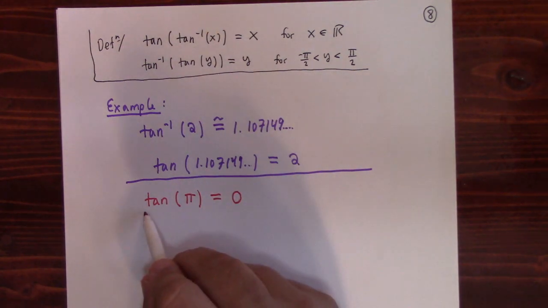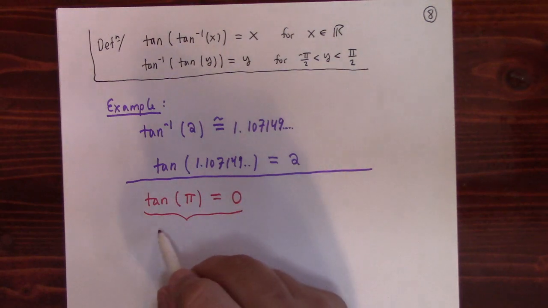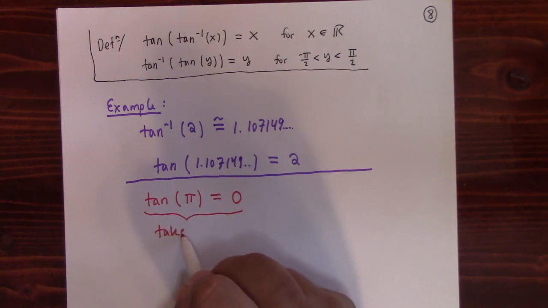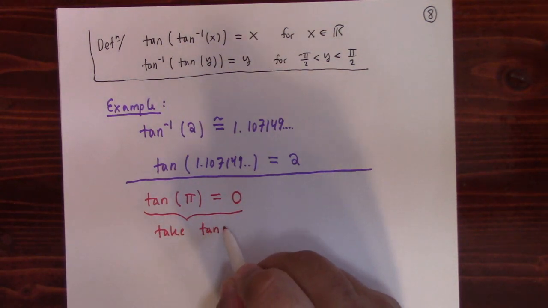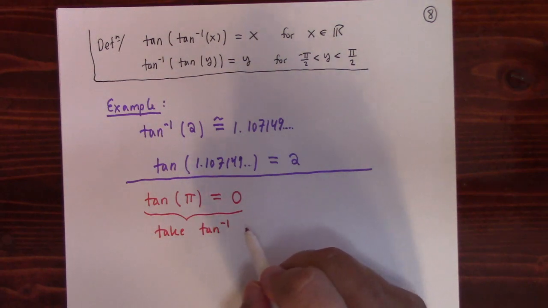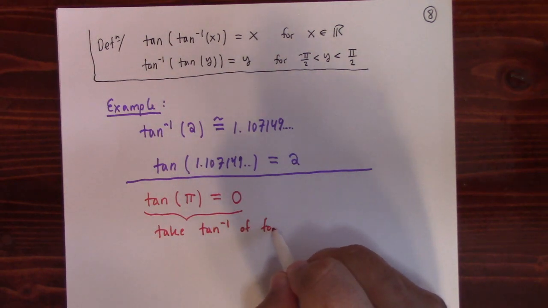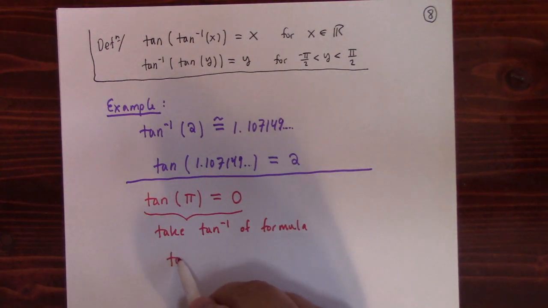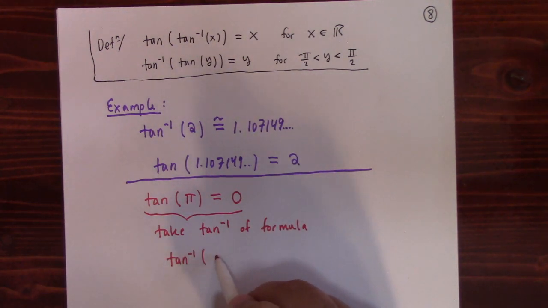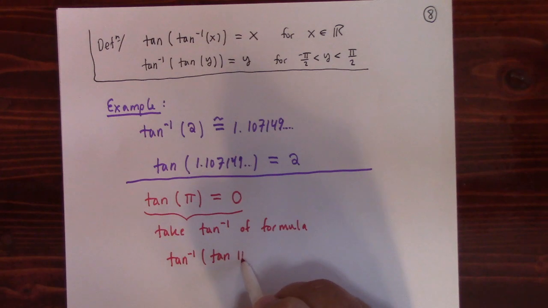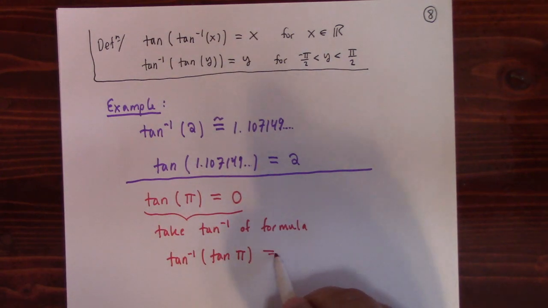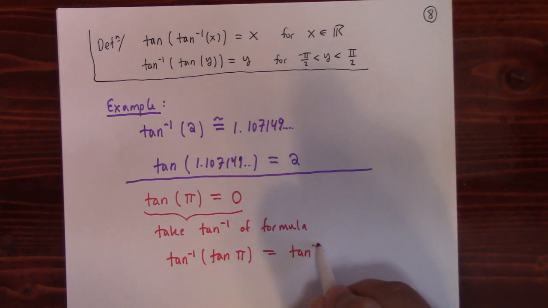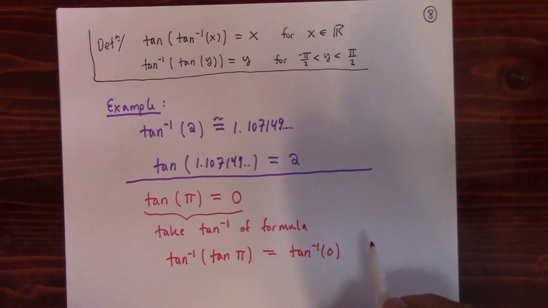So let's take inverse tangent of this formula and see what happens if we're careless. So inverse tangent of tangent of pi should be equal to inverse tangent of 0.